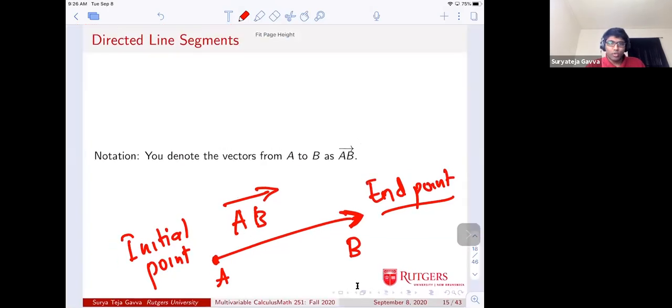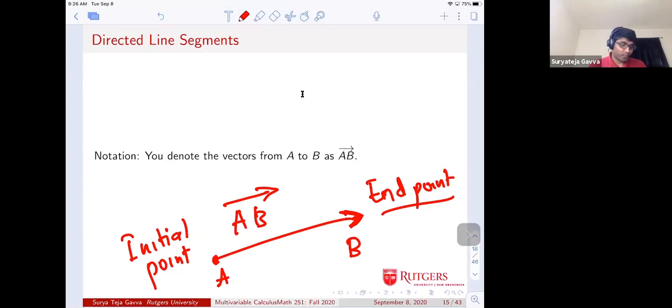So questions, is the idea of a vector clear for everyone? Okay, so it's basically take 2 points from A to B, draw a vector, a line segment with an arrow in it. So that tells you that you're moving in that direction from A to B.